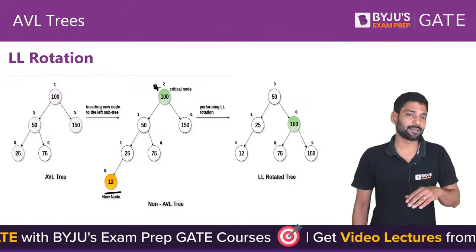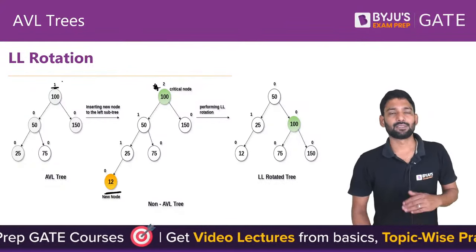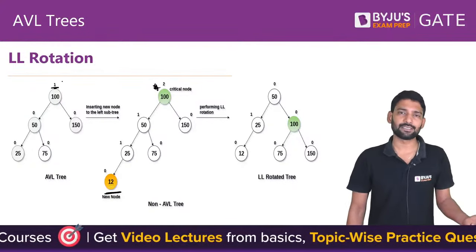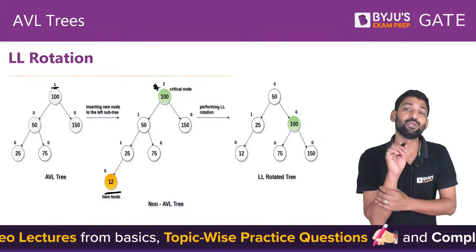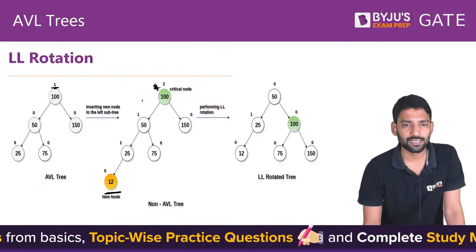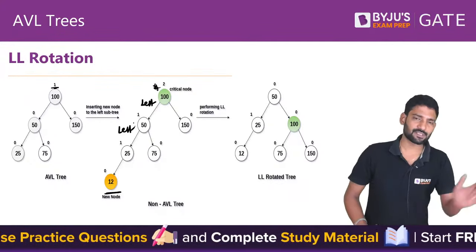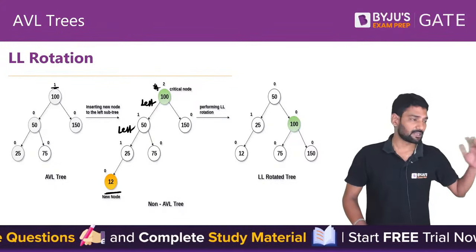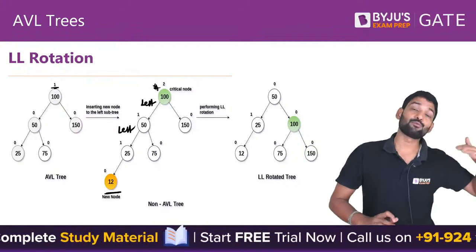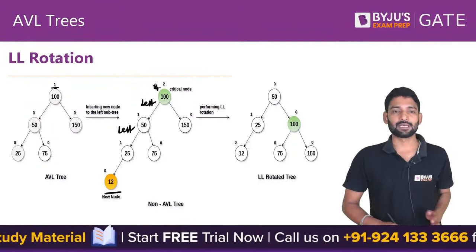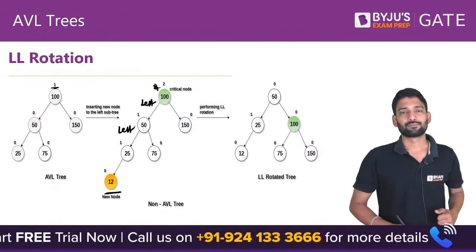Why did it become critical? Just before insertion it was not critical, and now it suddenly became critical. Why? Because a new node was inserted to its left, in its left subtree.